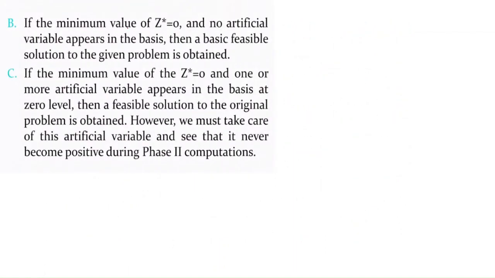Second case, if the minimum value is equal to 0 and no artificial variable appears in the basis, so a basic feasible solution is obtained, so we move to the second phase. Third case, if the minimum value is equal to 0 and one or more artificial variables appear in the basis at a 0 level, then the feasible solution to the original problem is obtained and we can move to the second phase.